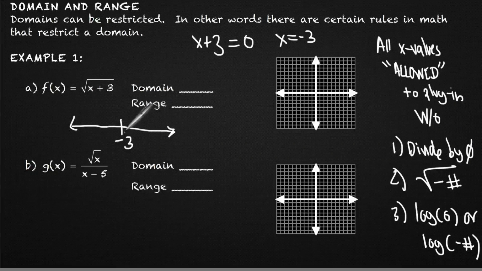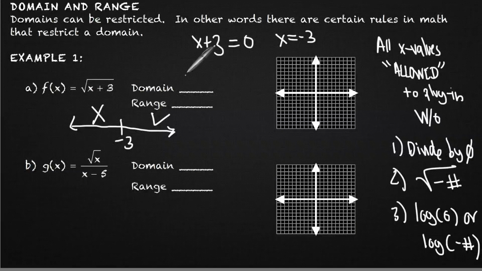So let's say we pick a number bigger than -3, like 0. 0 plus 3 is 3. Square root of 3 is a positive number, check. But if I plug in a number smaller than -3, like -7, -7 plus 3 is -4. You can't take the square root of a negative, so you cross that out.